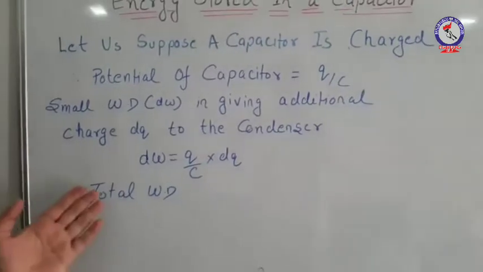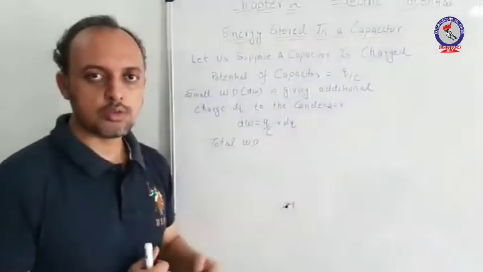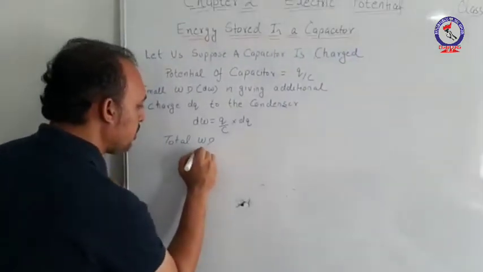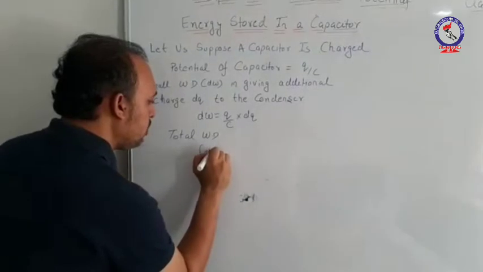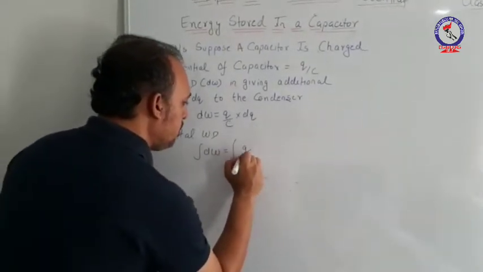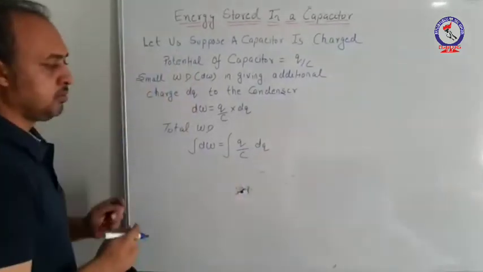Therefore, calculating the total work done in giving the maximum charge to that capacitor, that total work done can be expressed as integral of dW equals integral of Q by C into dq.